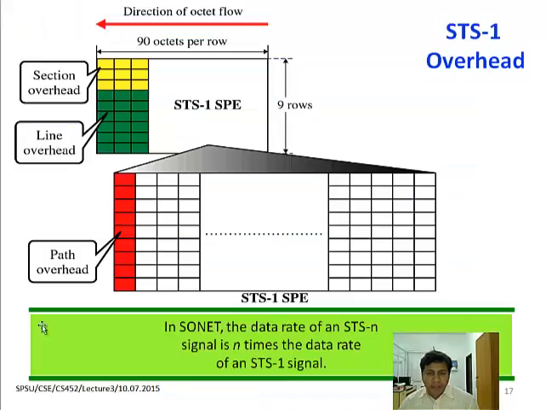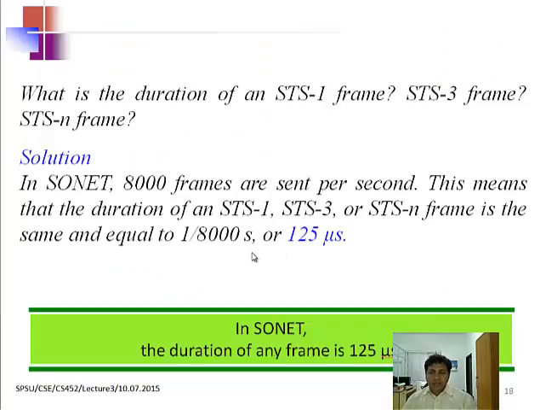Now let's come back and see. In that, this is my payload, and this is my section overhead, line overhead and path overhead. Total, this creates the overhead of SONET. We have discussed that it carries 8000 frames in 1 second.